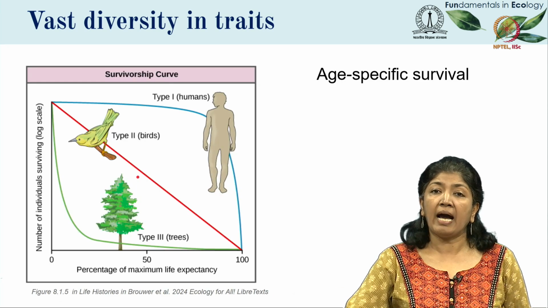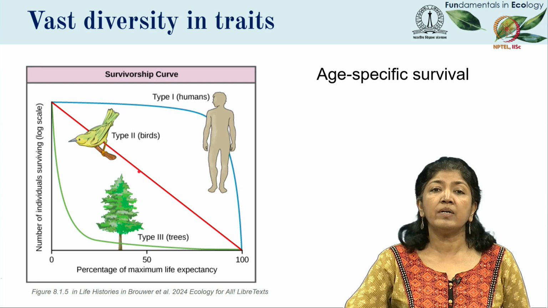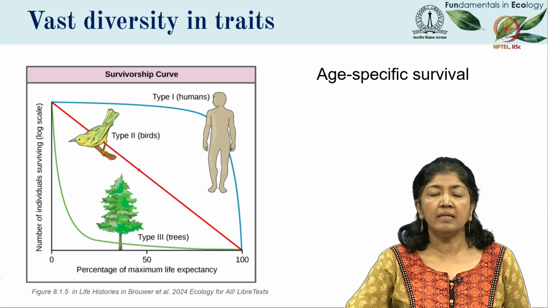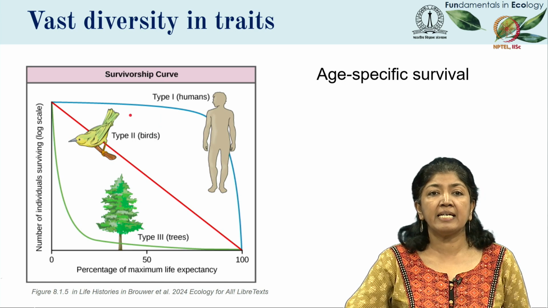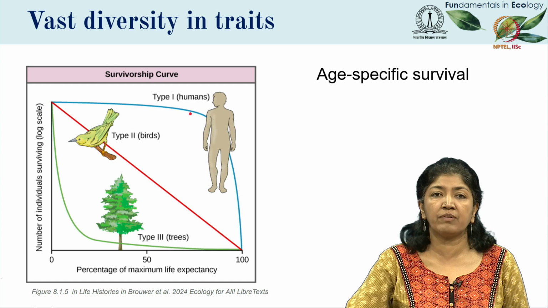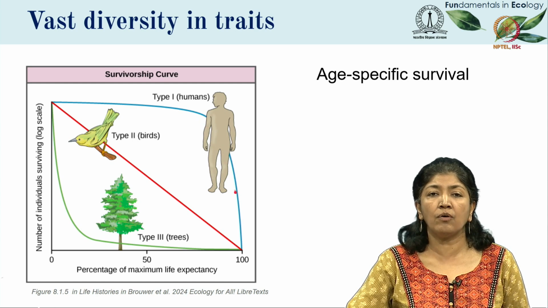If we look at age specific survival patterns, there are different patterns we see in different taxa. For example, in most mammals including humans, age specific survival is high throughout most of an individual's lifetime and decreases towards the end of life.